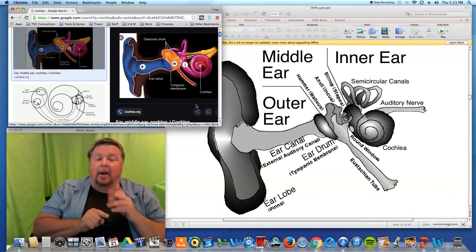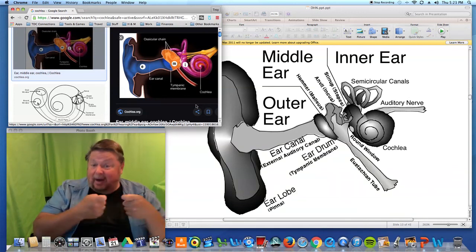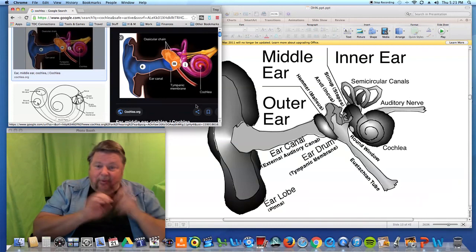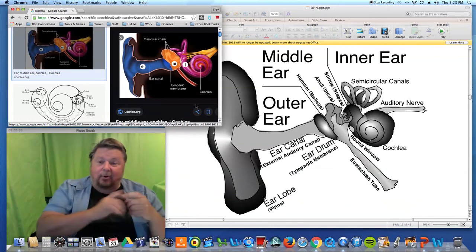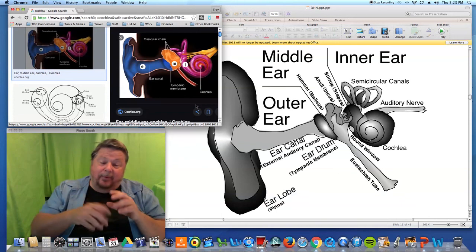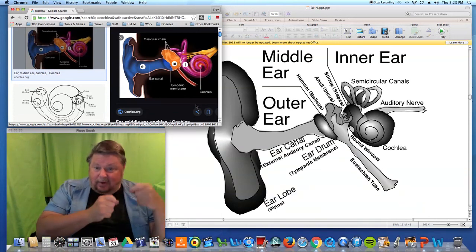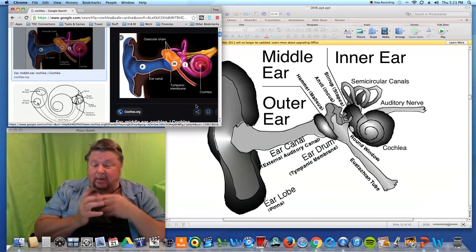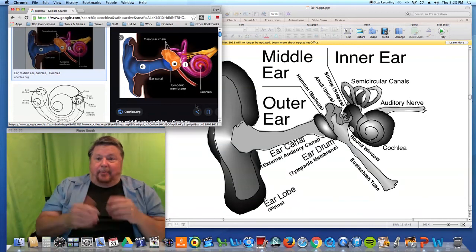That movement relates to an electrical signal, and that's what travels on the auditory nerve to the brain. So we have air, mechanical conduction, liquid-based waves, to electrical signals. It's amazing that it works at all.